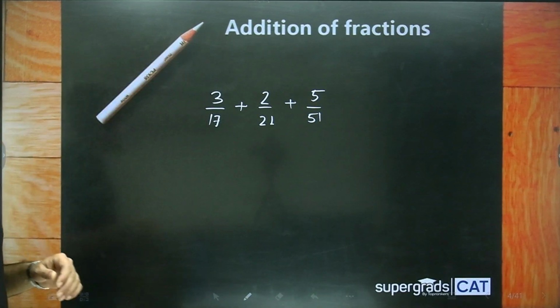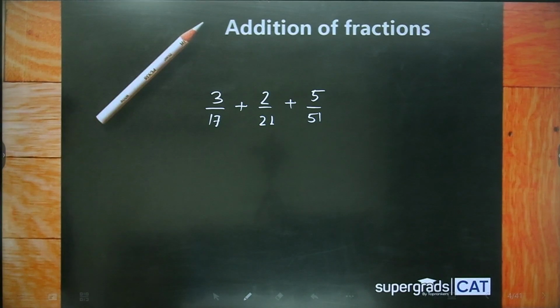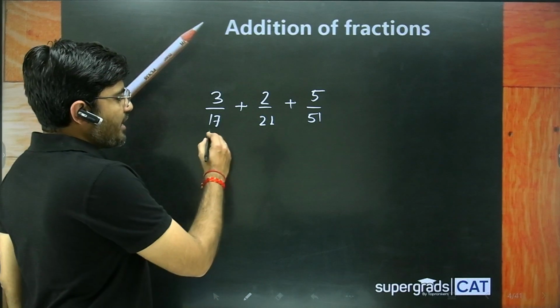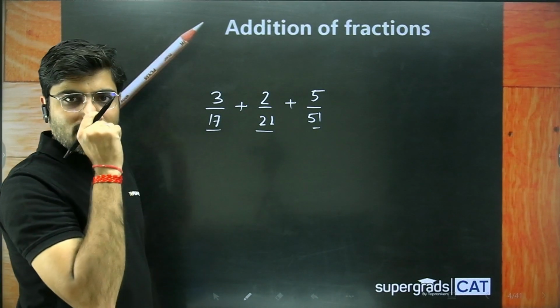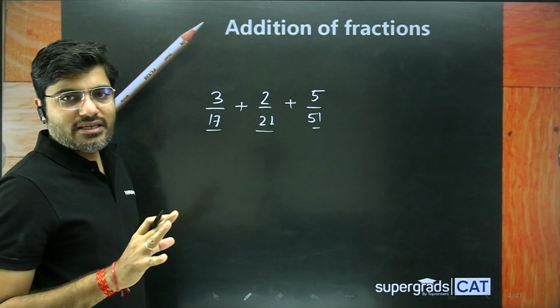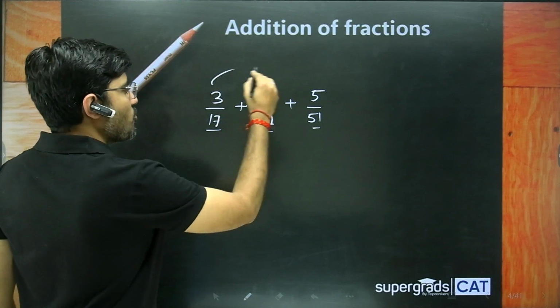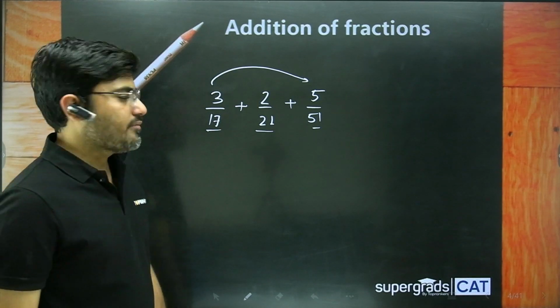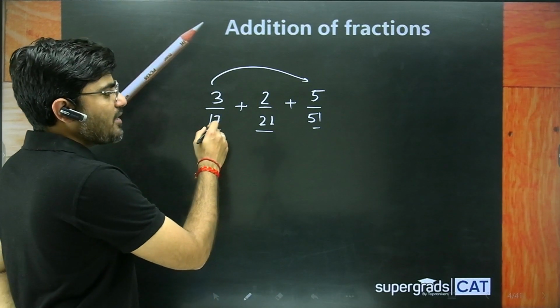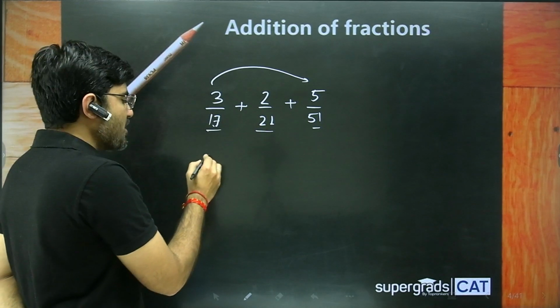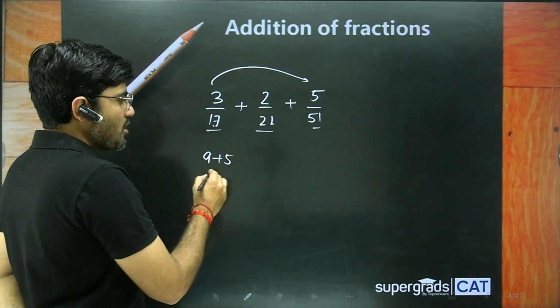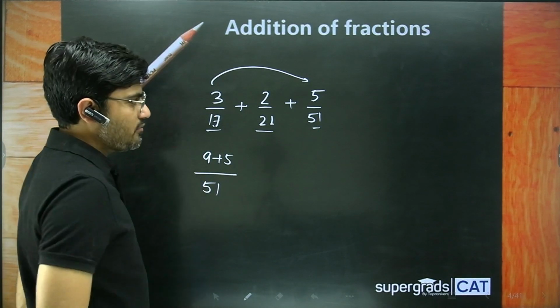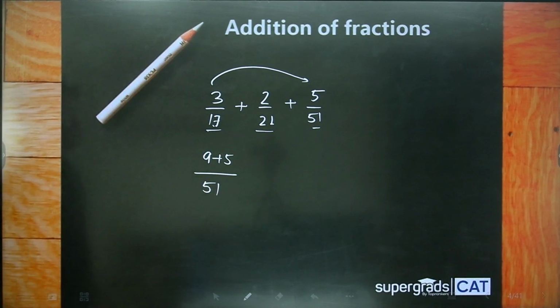If I have to add these three terms, what are we going to do? We could take the LCM of 17, 21 and 51. I would recommend that you wait a bit, first add these two, because 17 can be directly converted into 51. How will we convert? We have to multiply by 3 to get 51, so multiply by 3 here also, so 9 plus 5 upon 51. 9 plus 5 upon 51.